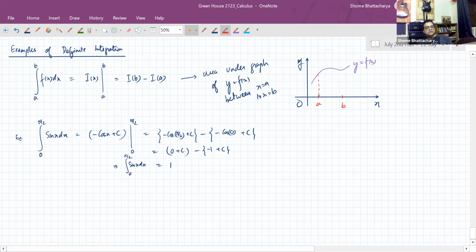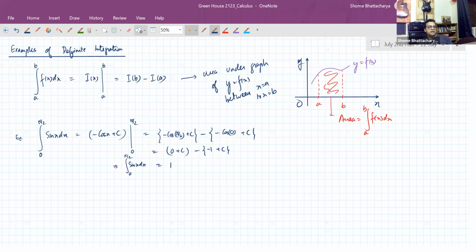Then this area between a and b subtended by the graph of the function y equal to fx is exactly equal to the value of this definite integration. So in this particular example, the one that we are getting is actually the area subtended by the graph of y equal to sin x.